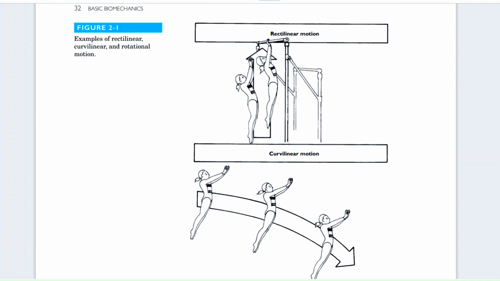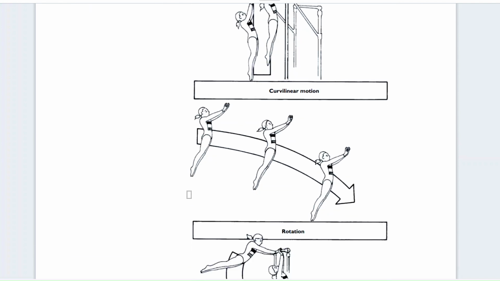But curvilinear, as the name shows, involves a curve. Just take high jump as an example.